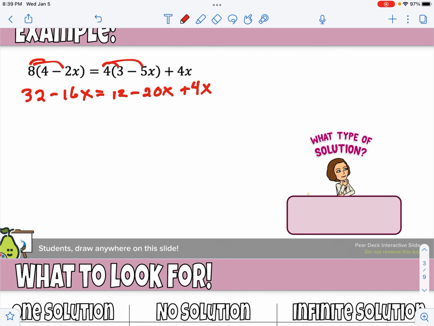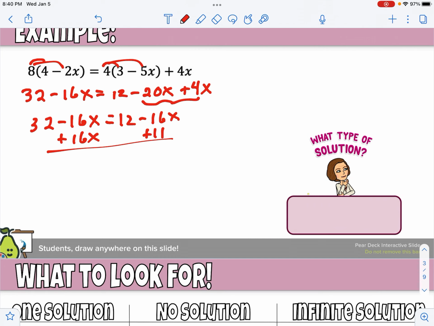Now we're going to combine like terms on either side, but it looks like we have nothing in common on the left side, but we do have something on the right side. Negative 20x plus 4x is negative 16x. I will solve for x by bringing the x's over to one side, and you're going to notice something brand new happening.